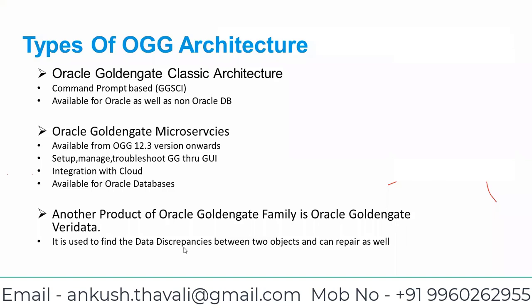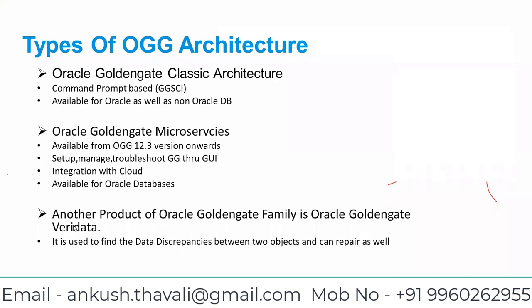So what is Veridata? As the name suggests, it verifies the data. Veridata is used to find data discrepancies between two objects, and it can repair those discrepancies as well for you. Say for example, on source you have 10,000 records in a table. On target, you have 9,000 records.